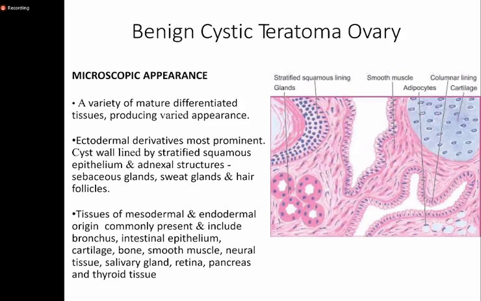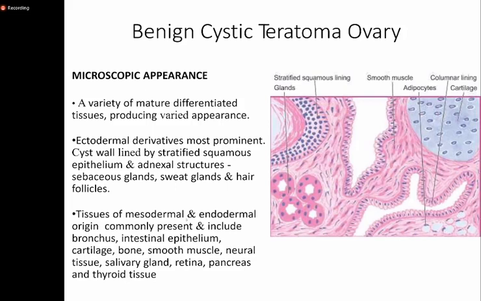So the ectodermal derivatives are the most prominent, with the cyst wall being lined by stratified squamous epithelium with adnexa, basically skin. Then other tissues of mesodermal and endodermal origin could include bronchial tissue, intestinal epithelium, cartilage, bone, smooth muscle. Literally everything and anything can be in this tumor. Okay, so it's interesting.